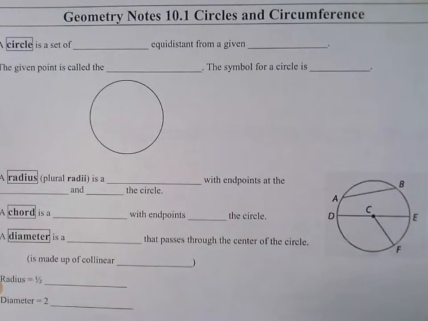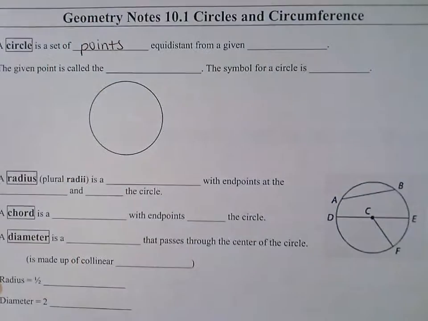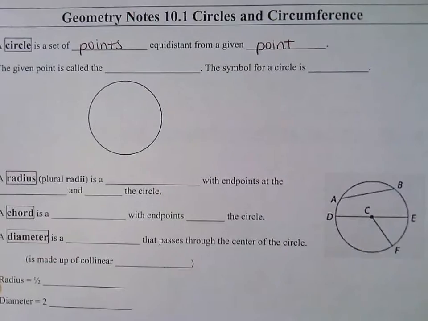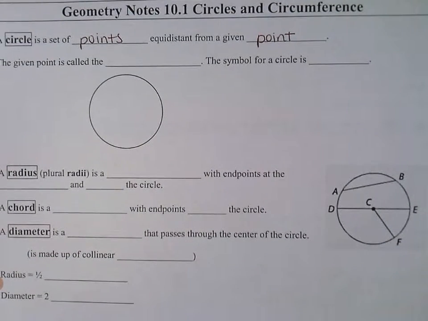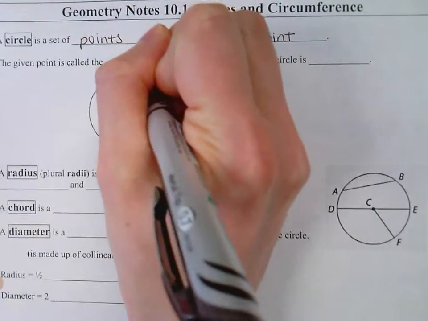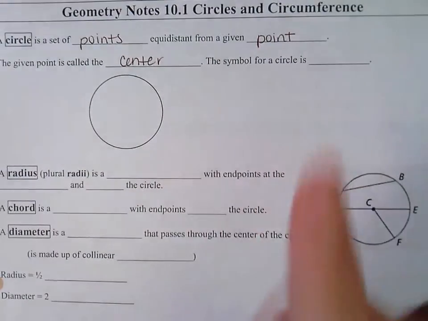A circle is a set of points that are equidistant from a given point. That might seem like a weird definition, a set of points equidistant from a given point, but that given point is called the center of the circle. We'll fill in the symbol in a minute here.